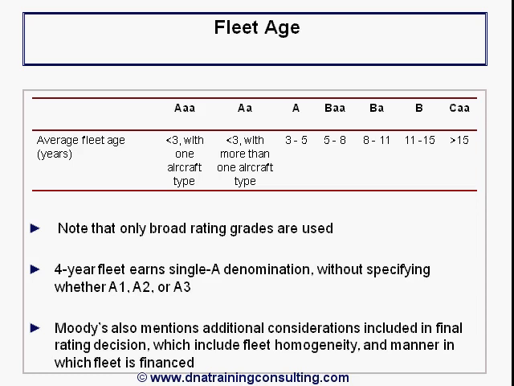These include fleet homogeneity, which reduces maintenance costs, since it requires fewer qualifications on the part of the maintenance staff and lower inventory of aircraft parts, and the manner in which the fleet is financed, i.e. whether through ownership, financial leases, operating leases, or so-called short-term wet leases, in which the airline leases the aircraft and its crew as well.